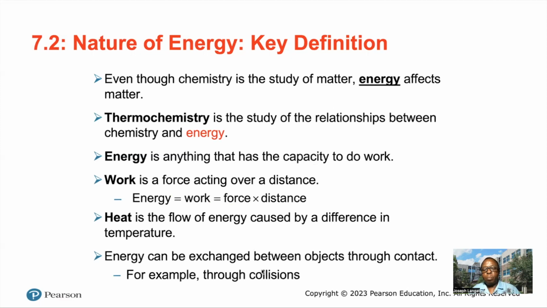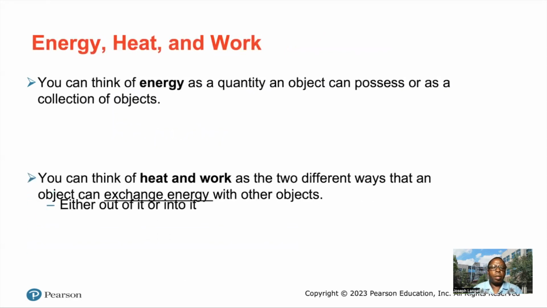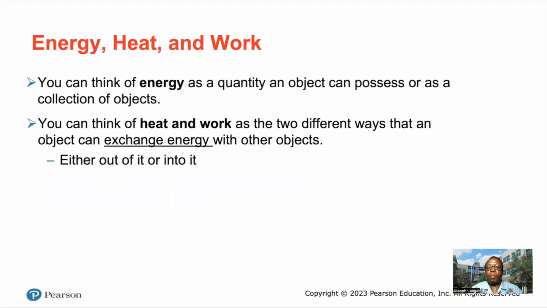Energy can be exchanged between objects through contact, for example through collision, and energy can be transformed, can be changed. You can think of energy as a quantity an object can possess as a collection, but heat and work as two different ways that an object can exchange energy with other objects.